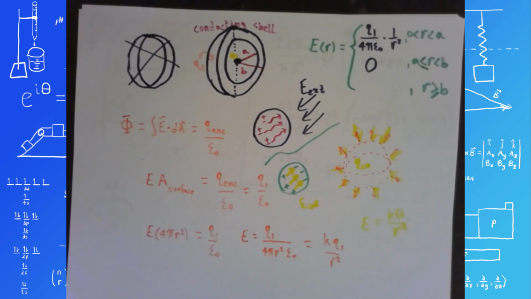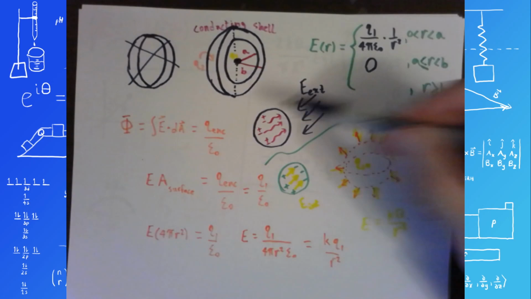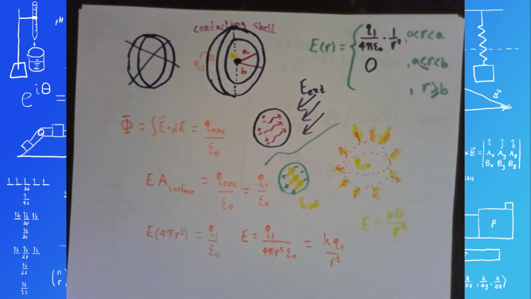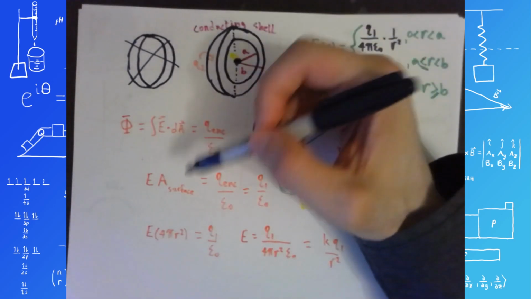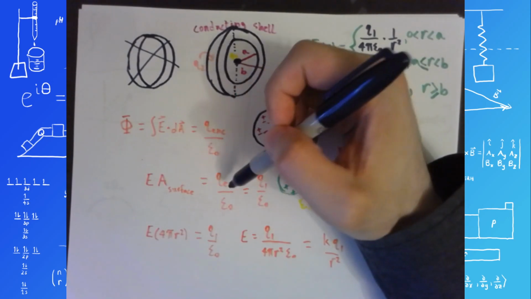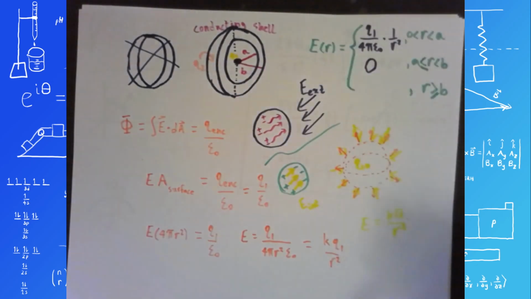So, we already took care of that. The electric field within the bulk of the conductor is 0. But there's more to it than this. If the electric field is 0, then by Gauss's law, the charge enclosed must be 0.